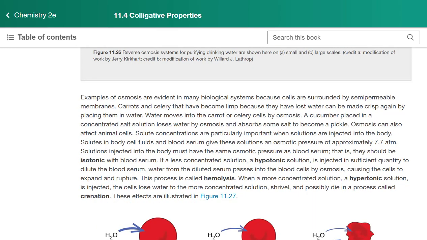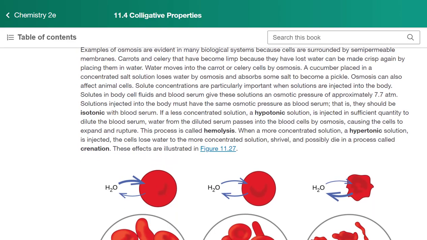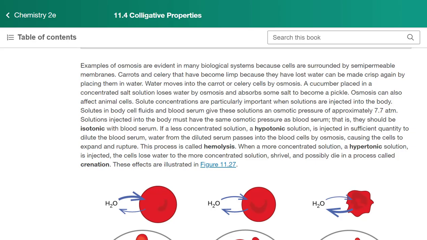Okay, this is also a process that takes place in our bodies. In our bodies, we have semi-permeable membranes in some of our cells. One of those cells would be a red blood cell, and it's one that's important due to some medical applications.